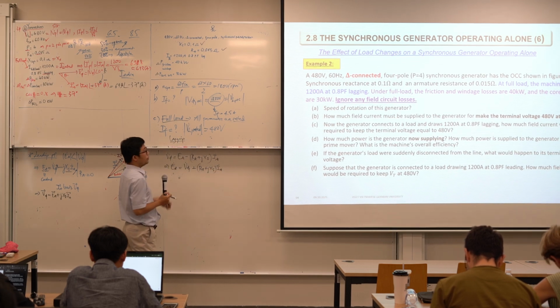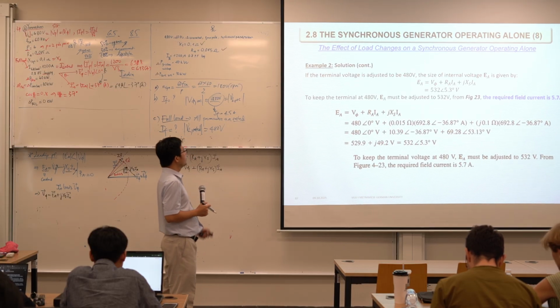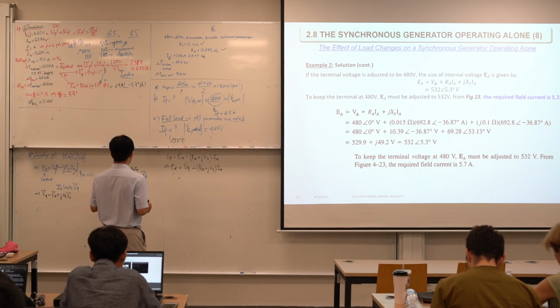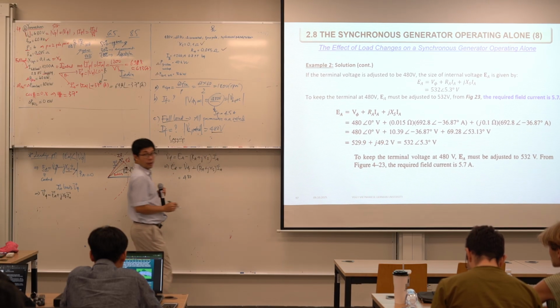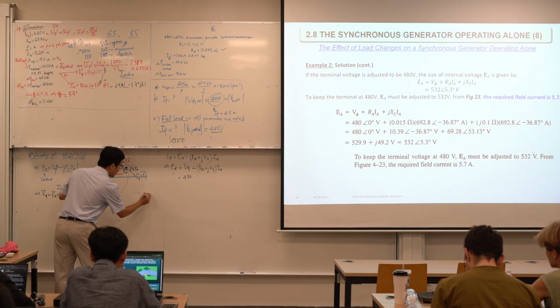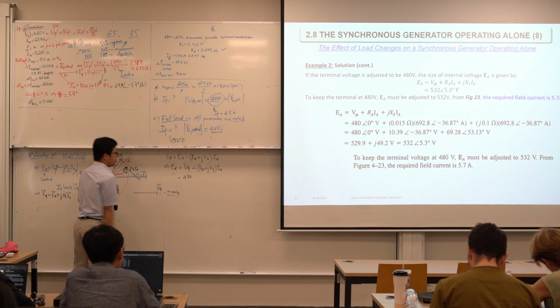Okay, so now V phase how many? We already know V phase is 480 volts. Normally V phase is the reference axis, with x-axis.